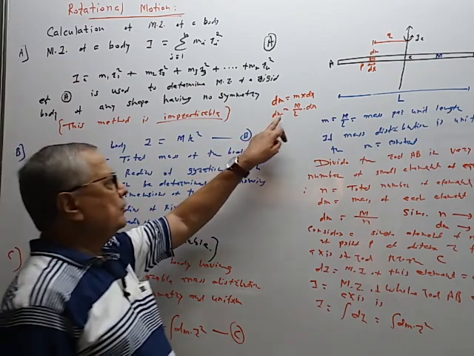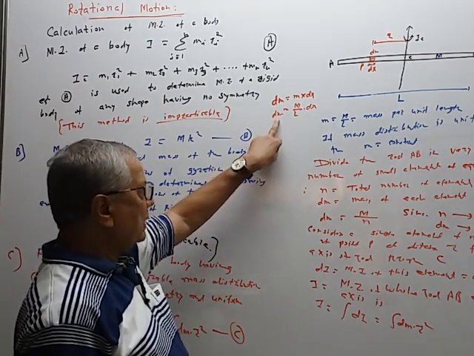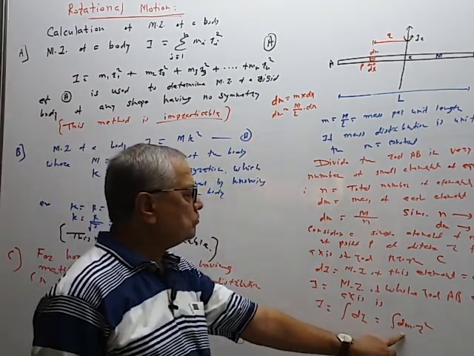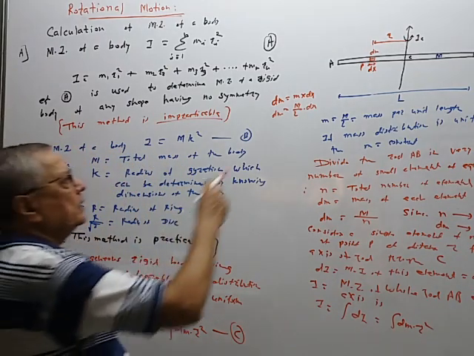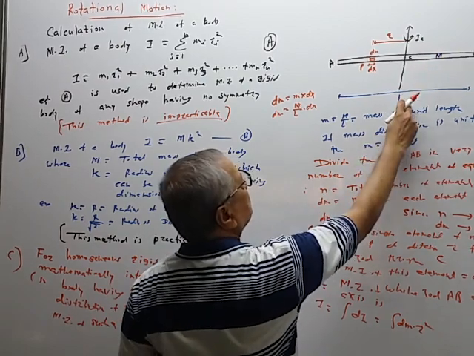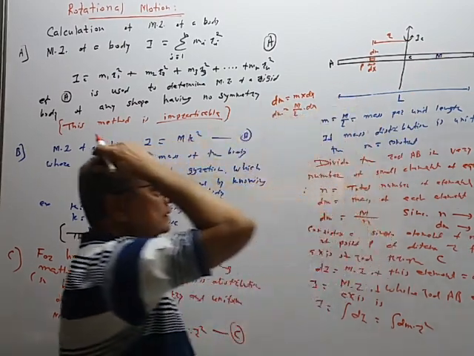So this value of dm can be substituted here like this. M upon L. M is the total mass of the body, L is the total length of the rod, etc.